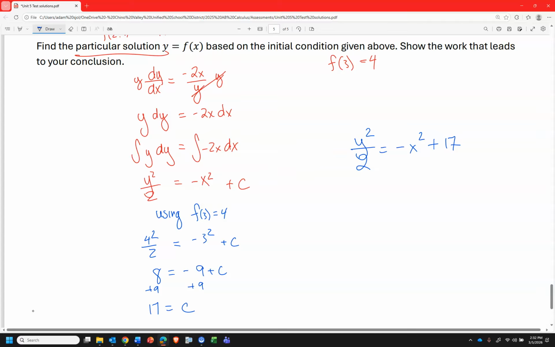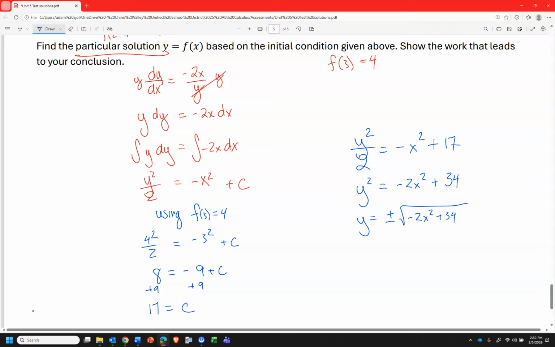And what we need to do is get y equals. So we'll say y squared is negative 2x squared plus 34. There are plenty of people that didn't distribute. Great idea. Take the square root of both sides, and you get y is plus or minus the square root of negative 2x squared plus 34.